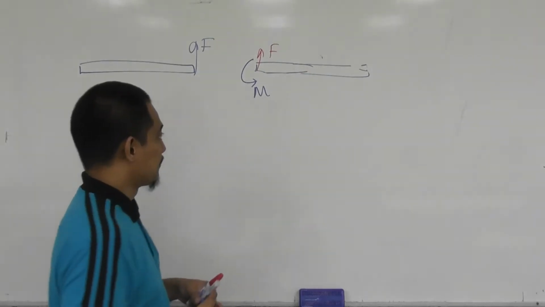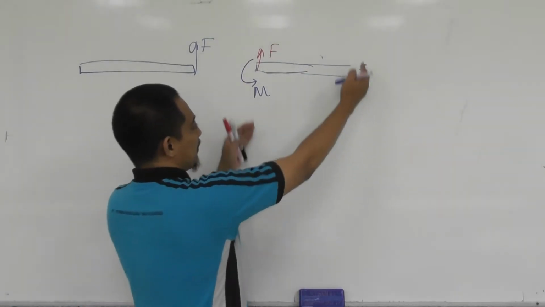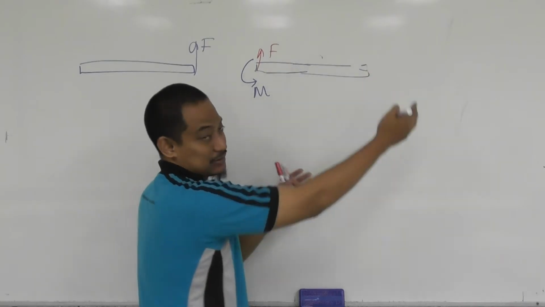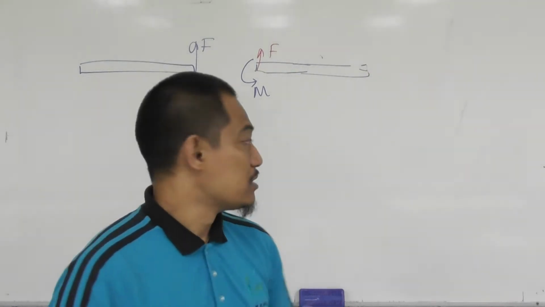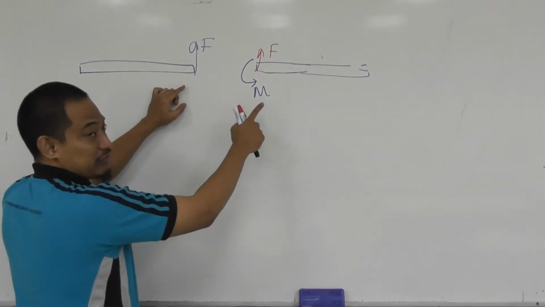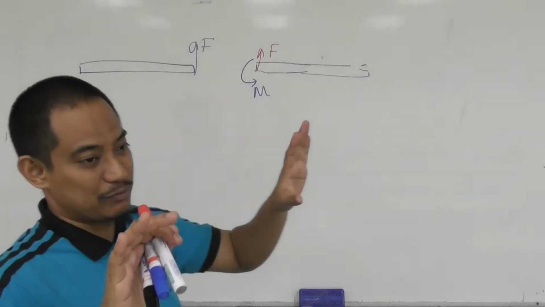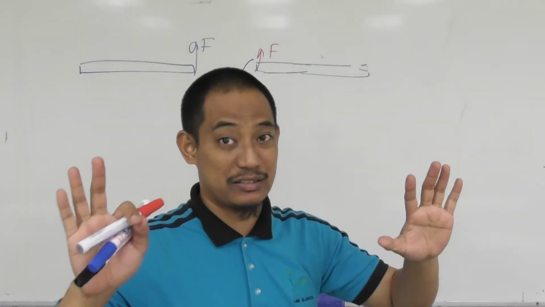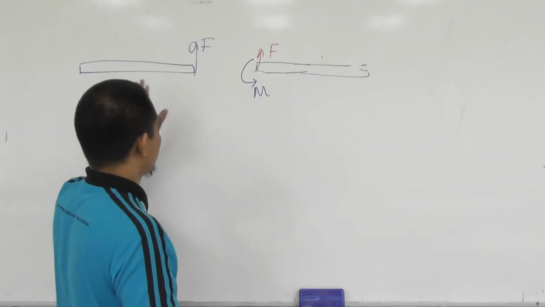And this M is simply the force times the distance there, for example. Alright, so you can see that these two are equivalent, because what we do never changes the external effect. So the effect of this is the same as this one, right?